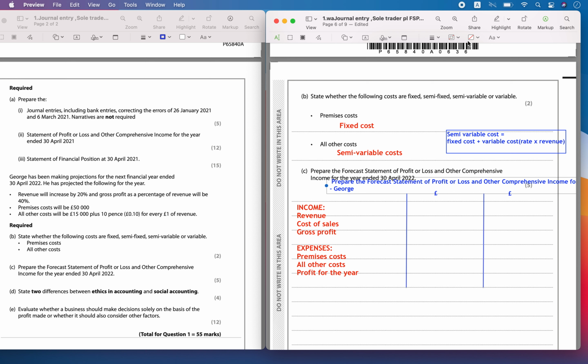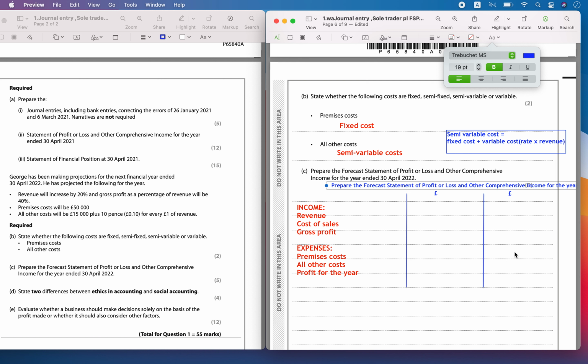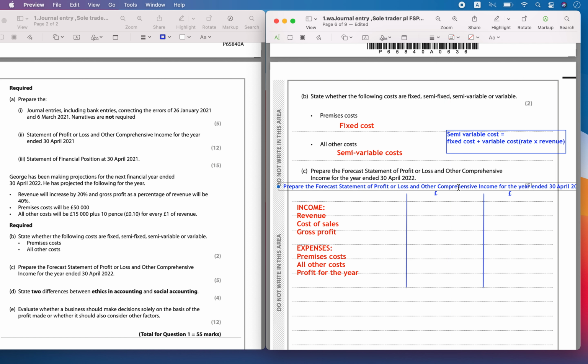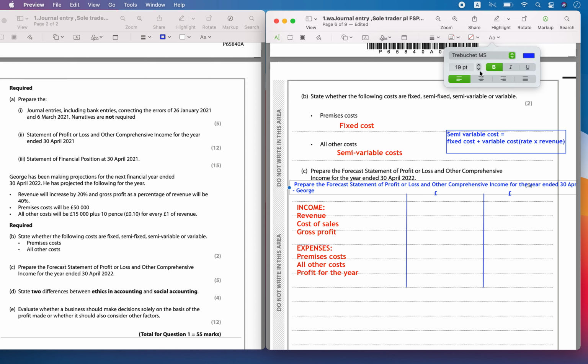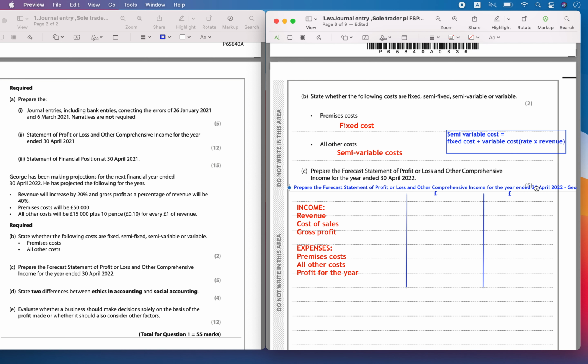Let's calculate this. The first one is the revenue.